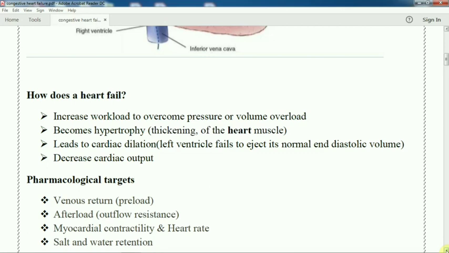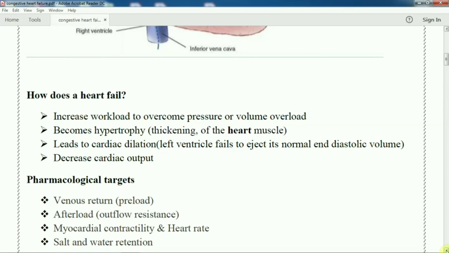That means the myocardial wall, the middle layer of the heart, becomes thick and leads to cardiac dilation. The ventricle fails to eject a sufficient amount of blood through the aorta, so it fails to eject its normal end-diastolic volume. This is the reason for heart failure, or decreased cardiac output.